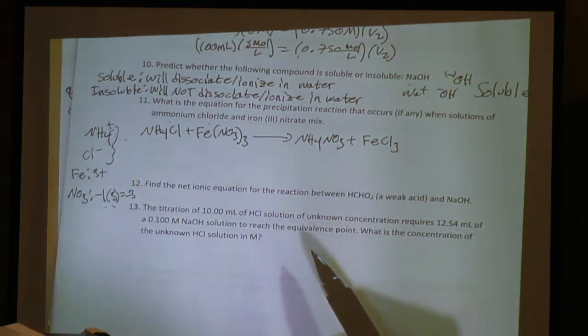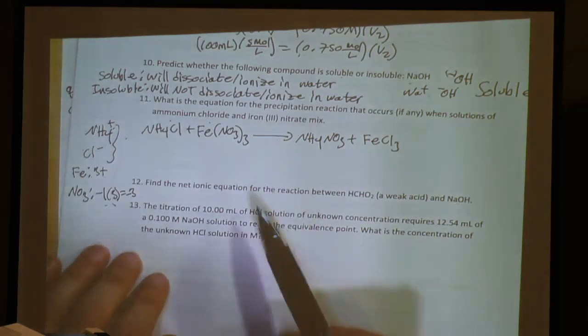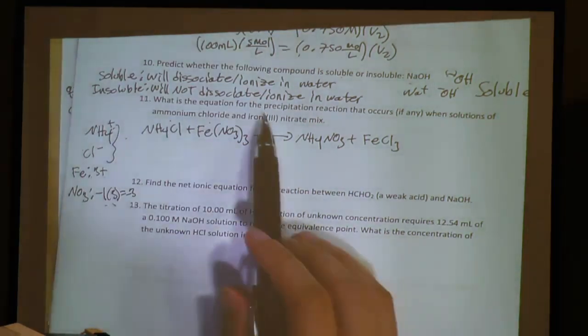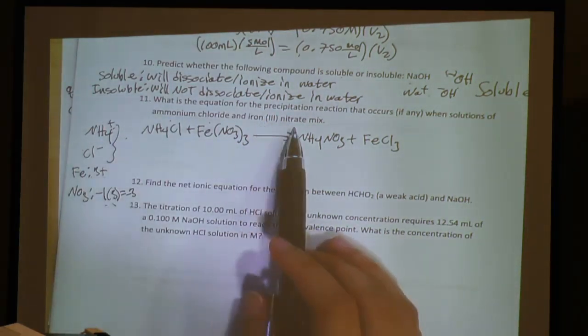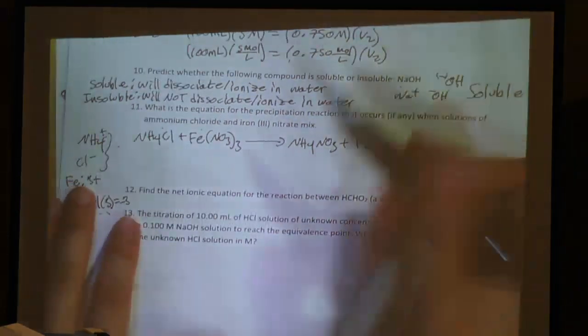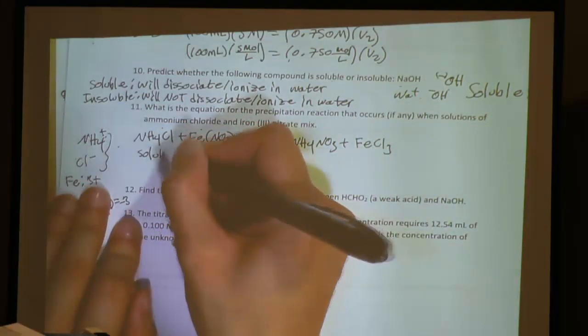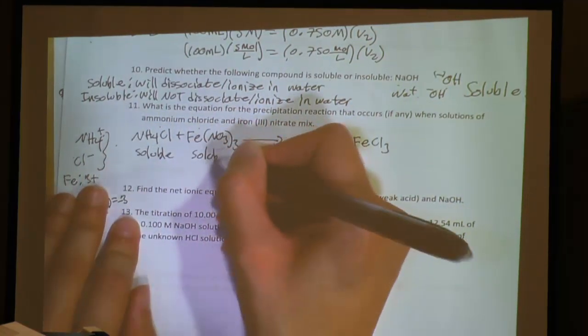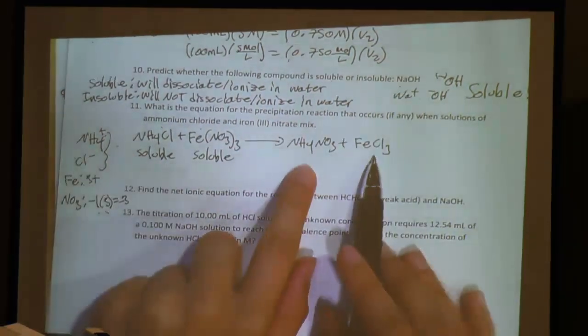All they want is to see if you're going to have a reaction or not. So how do we know if there's a reaction? Well, we said that this was soluble and this was soluble. Did we form a precipitate?